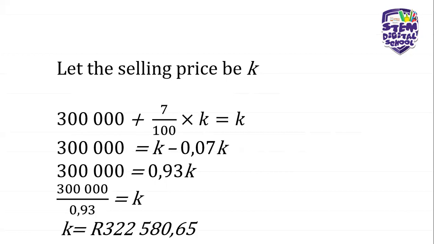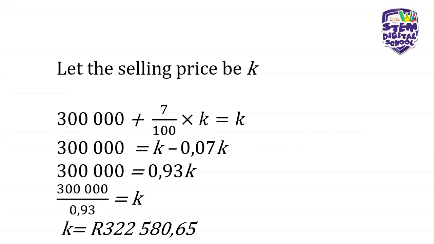So this will be 7% of the amount that is going to be used to sell the property. So that amount is K in this case, as we have said, the selling price. And of course, once you take the original amount, which is required by Joseph, and then you add 7% of the selling price, then you actually get the selling price itself.